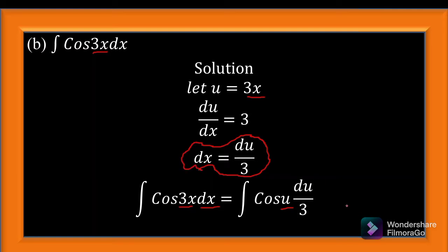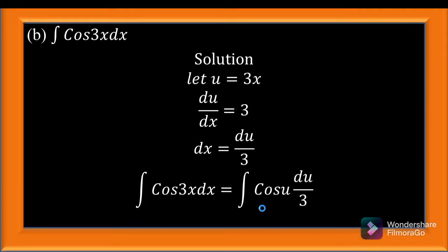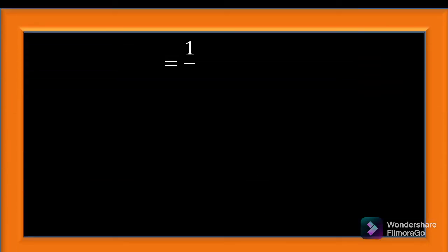So when you do this, you come up with this. Again, we realize here we have a third, which is a constant, so it can come out of the integral sign, so that we have a third integral of cos u with respect to u.